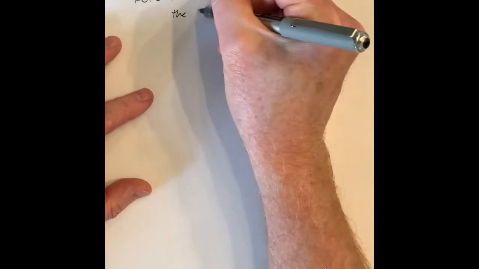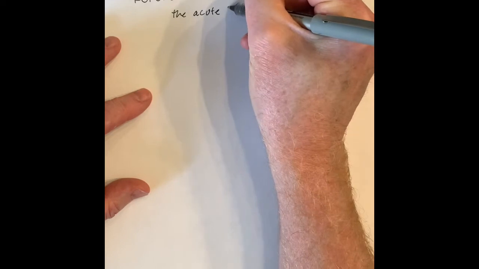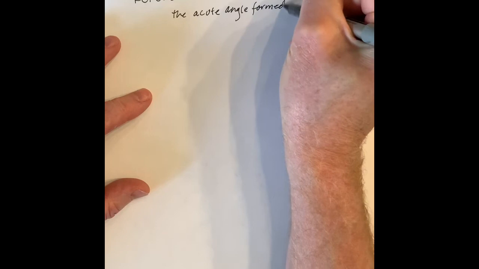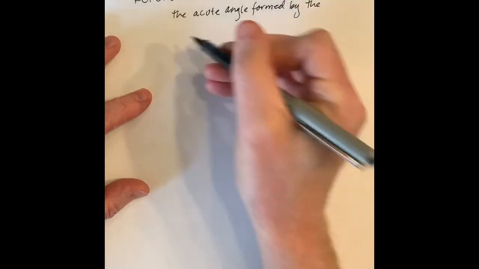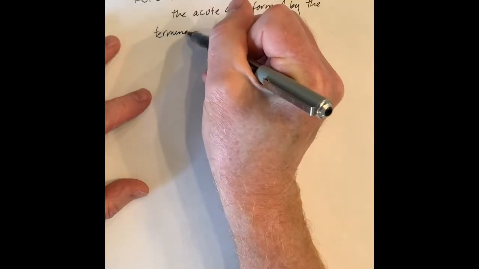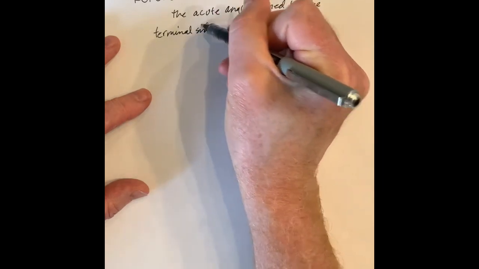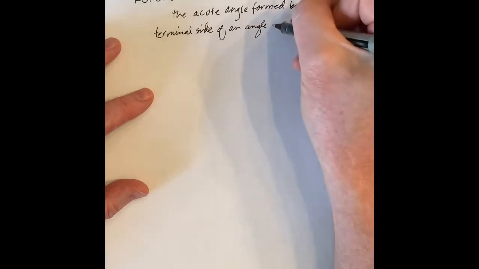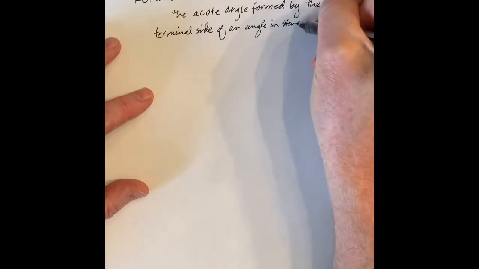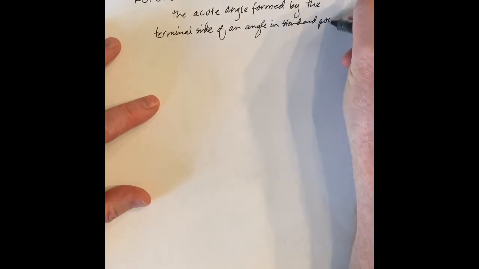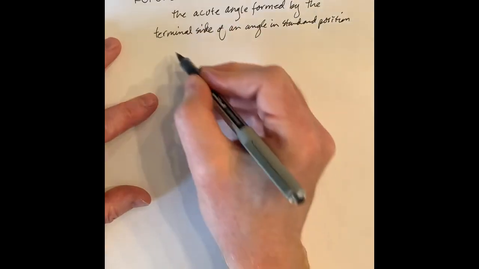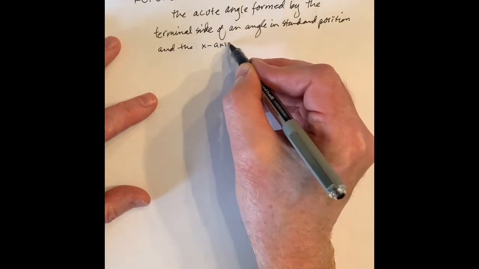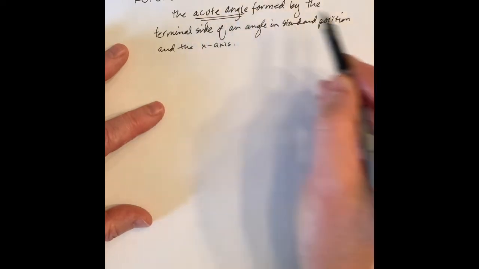It is the acute angle formed by the terminal side of an angle in standard position. I'll illustrate this in a second. And this is what's key, and the x-axis.